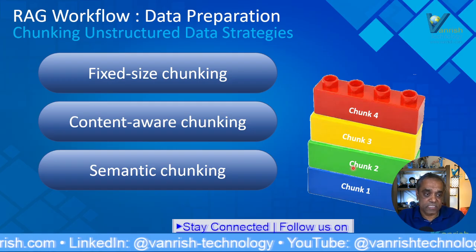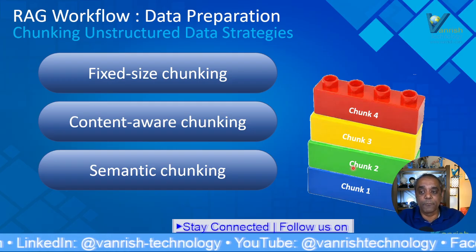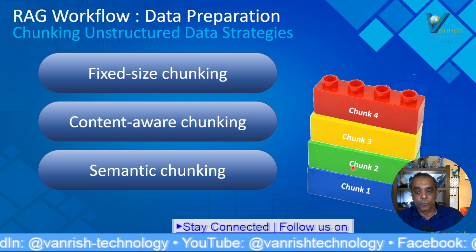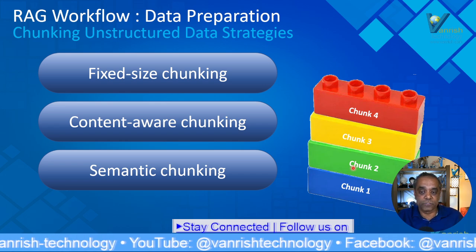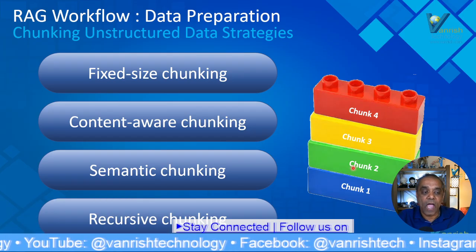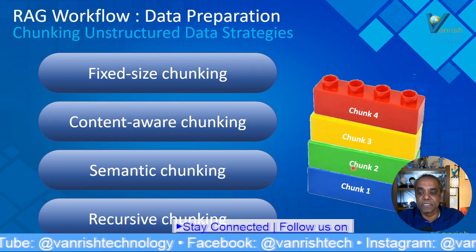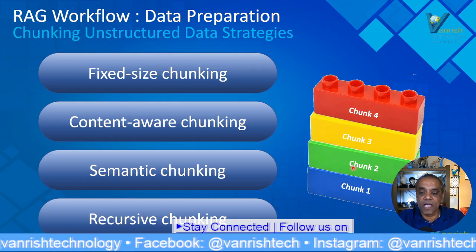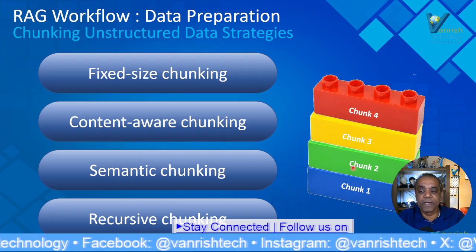Third one is semantic chunking. Semantic chunking employs a natural language model to group text by meaning and topic shift. This approach maximizes the relevance of search but adds computational overhead. And last is recursive chunking. Basically, it starts with a large chunk and iteratively breaks it down into smaller units.